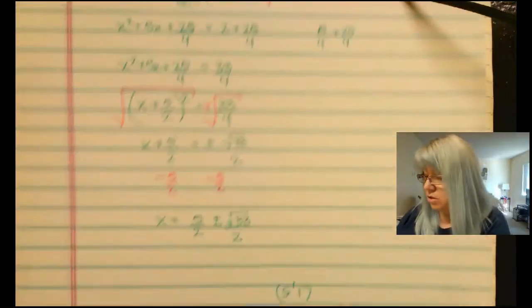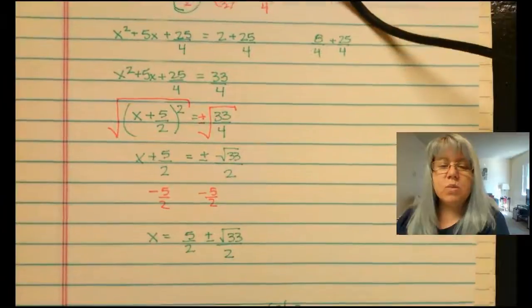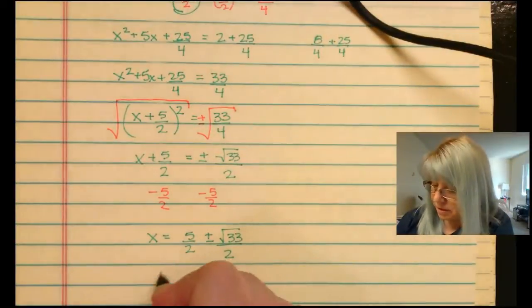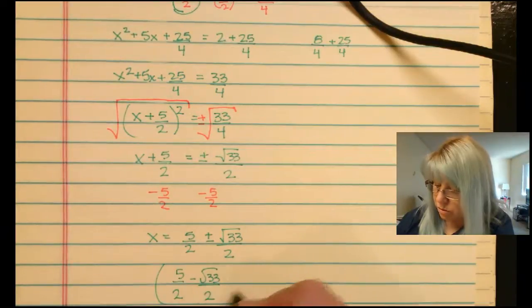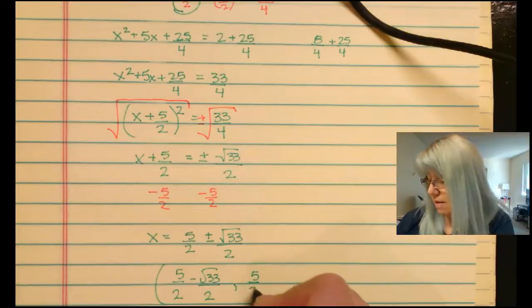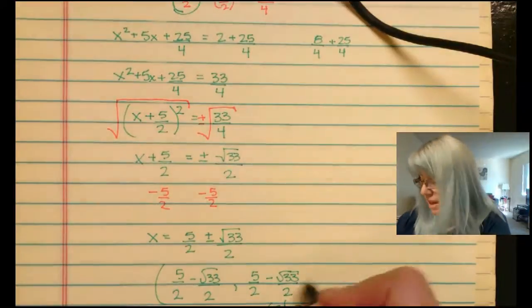Now that's our answer, but to be very clear, let's write it separately. Here is our solution set: negative 5 halves plus the square root of 33 over 2, and negative 5 halves minus the square root of 33 over 2. And you can put that under the same fraction.